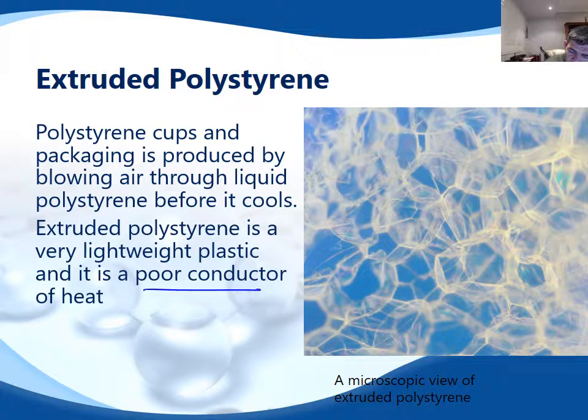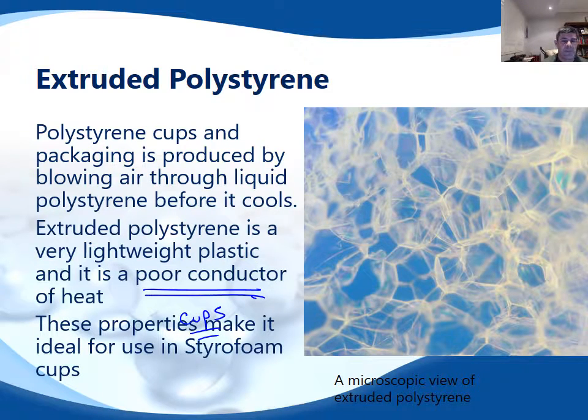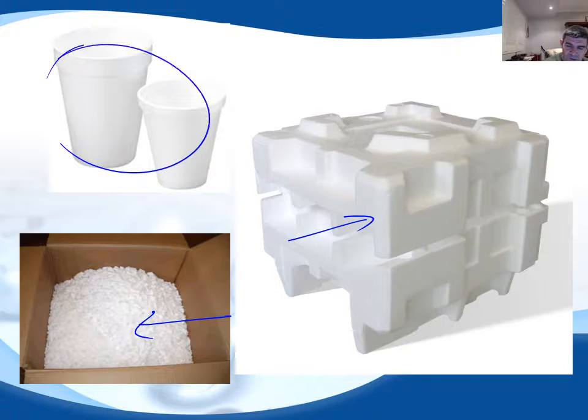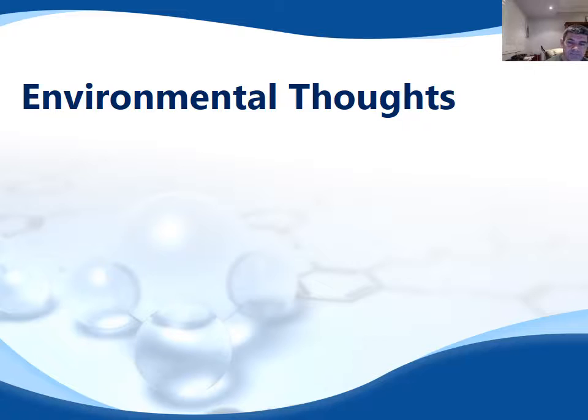It's also a very poor conductor of heat, which is exactly what you want for your cups that are going to hold your hot drinks. And so here are some examples of this sort of foam packaging, the little bean bags that we see, and of course these cups are all examples of polystyrene.